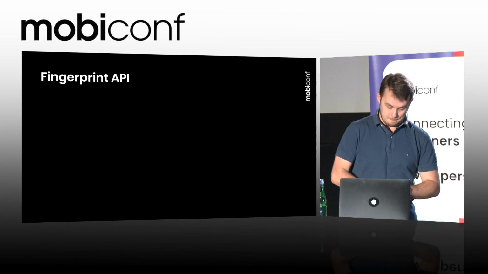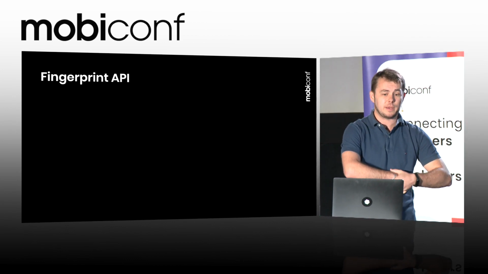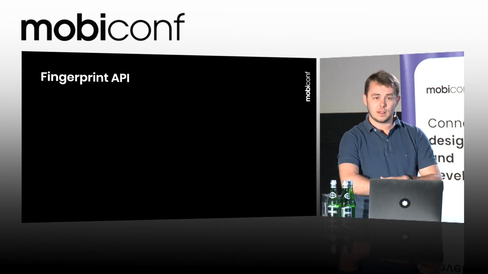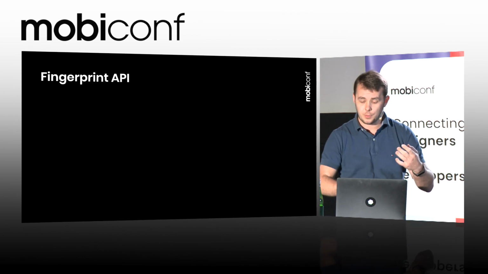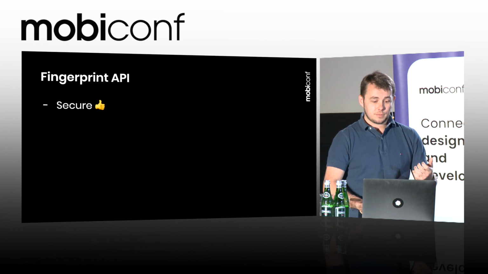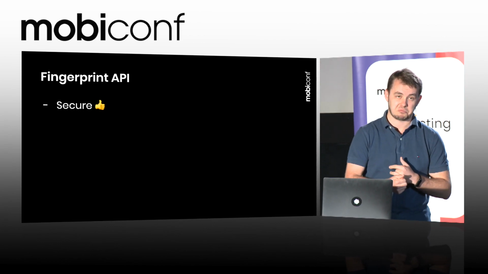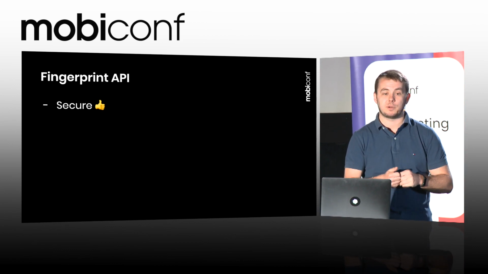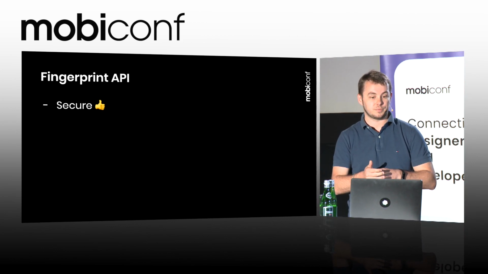Okay, another thing which I wanted to talk about is the fingerprint API. It is very interesting. It also caught my attention, and this was the reason why. First of all, it is secure because a fingerprint is unique and provides a relatively high level of security for each user.